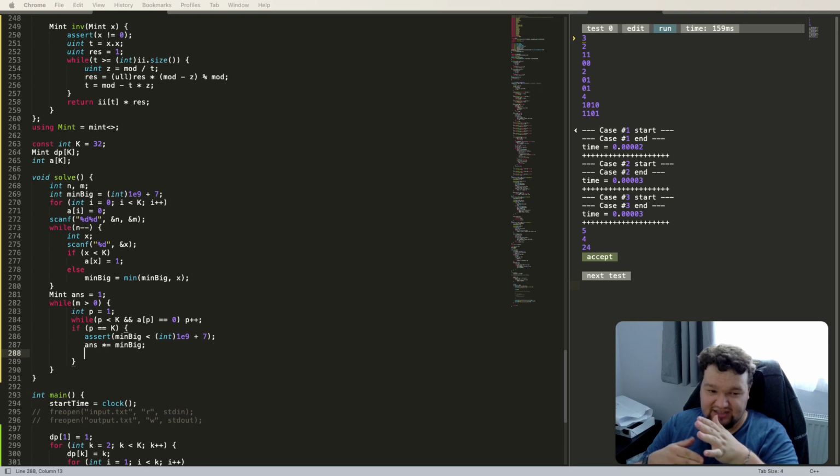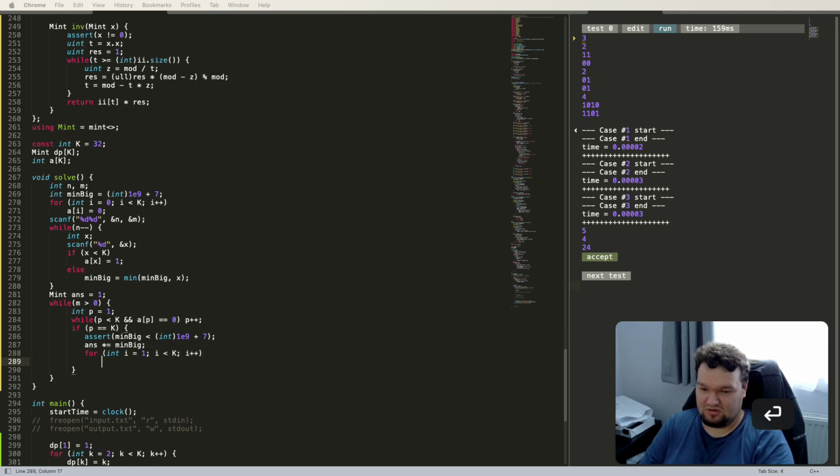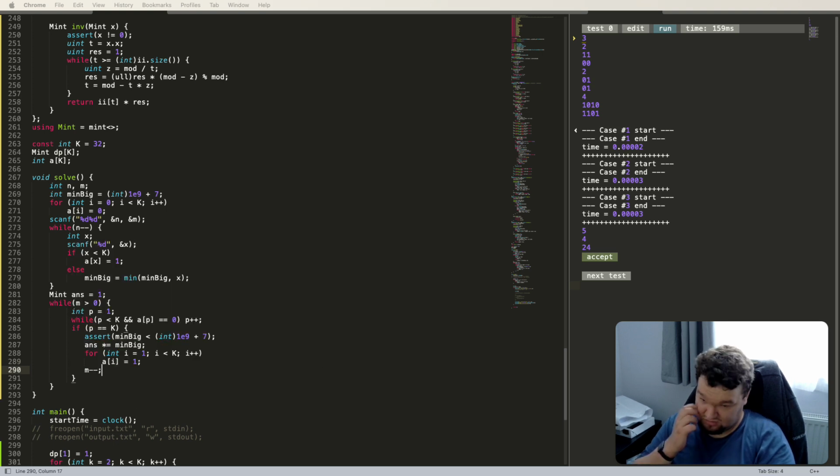And now we are creating all the operations with smaller numbers, but we will only do it for the numbers up to 32. And we have spent one operation, so great, we have spent it.